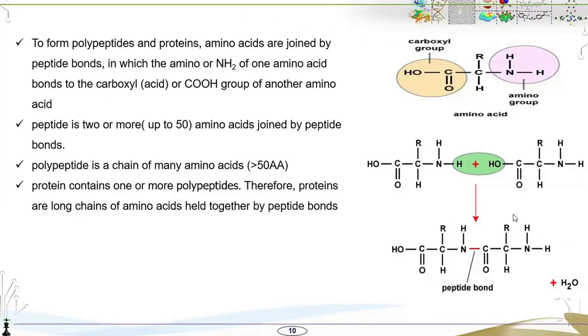If you see here, the carboxylic group of one amino acid, C double bond O, links to the amino group of the other amino acid, which is NH. So in an exam, like the GPAT exam, if they ask what the peptide bond is, I think this slide will be easy for you to understand.